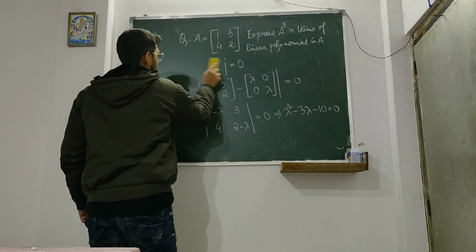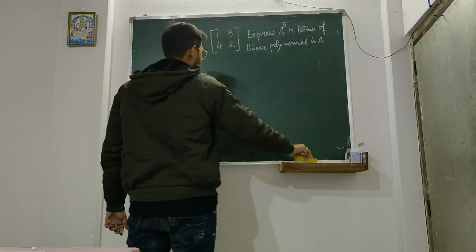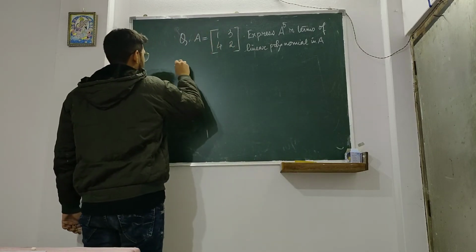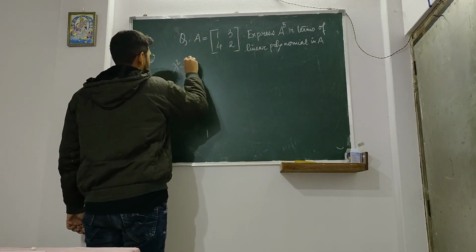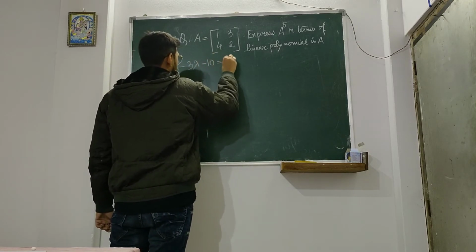So let us wipe out what we have already written. So the equation that we have received is lambda square minus 3 lambda minus 10 equals to 0.